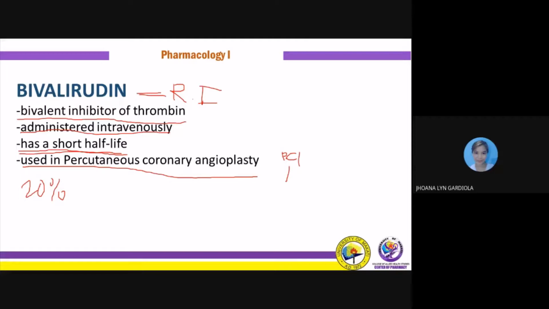So, in patients with coronary artery disease undergoing coronary angioplasty who receive bivalirudin, the activated clotting time or ACT should be closely monitored because the activated clotting time increases in patients who are infused with bivalirudin.